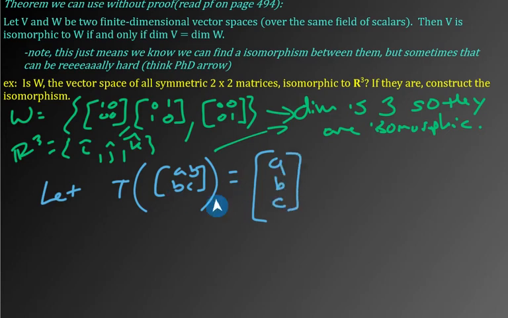If you go through and show this map is linear and then show the kernel is trivial, you'll get 1 to 1, and then from the fact that it's linear and the kernel is trivial, you'll get onto. So that would be the next steps.